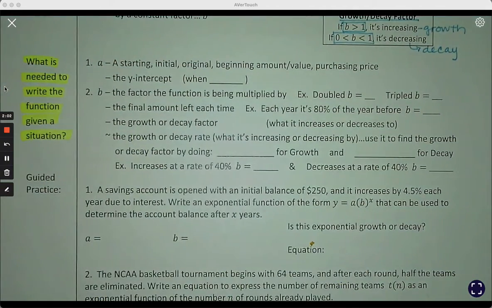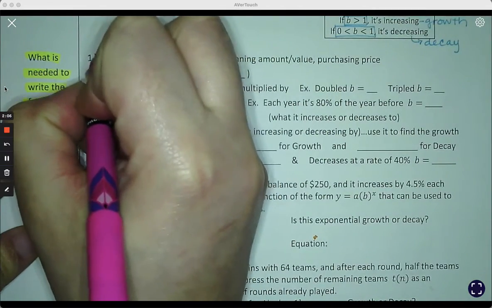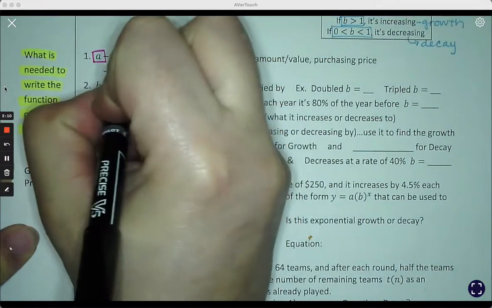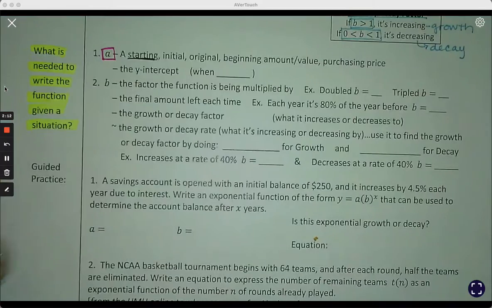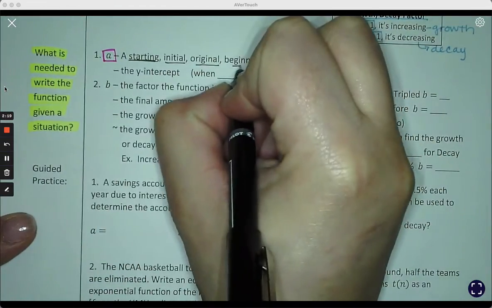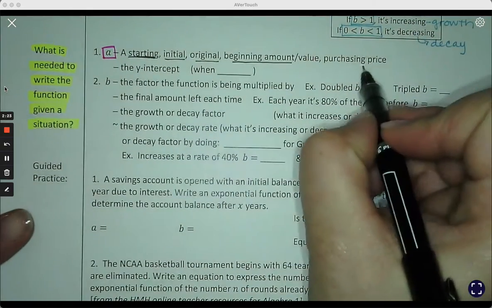The very first thing that we need to know straight up is a. In all of your word problems, it's going to be your starting amount, your starting spot. It's going to be the initial, the original, beginning amount or value, the purchasing price.